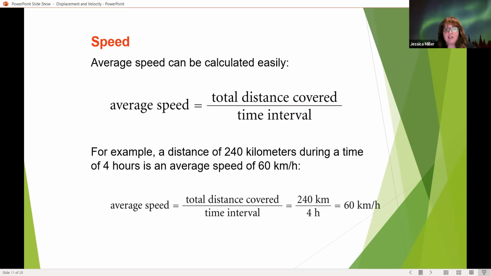When you do your unit analysis, if the units in your answer match the units that you should get, then you know you have the right answer. We are dividing kilometers by hours, so our answer comes out in kilometers per hour, which is what we need to represent speed.